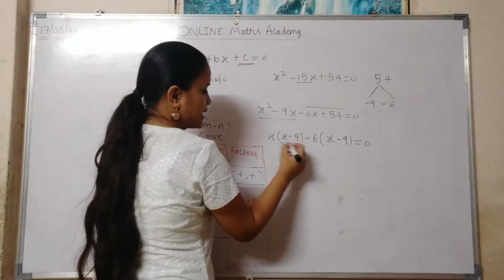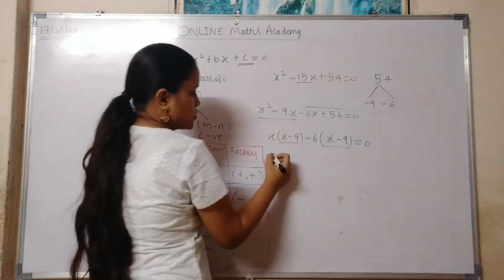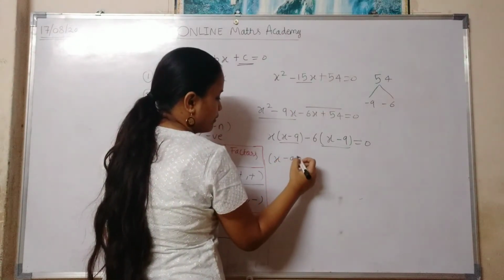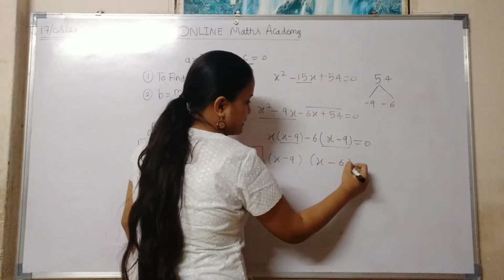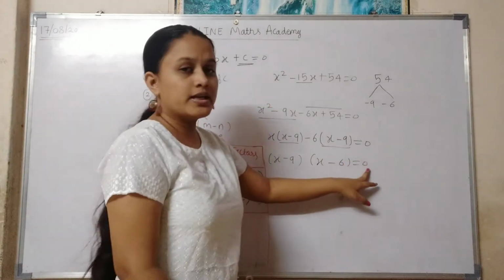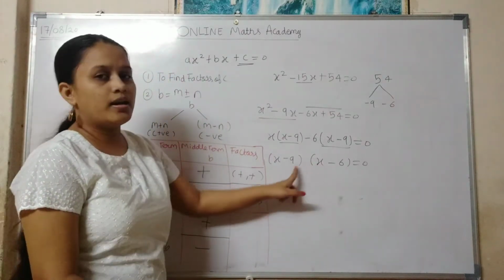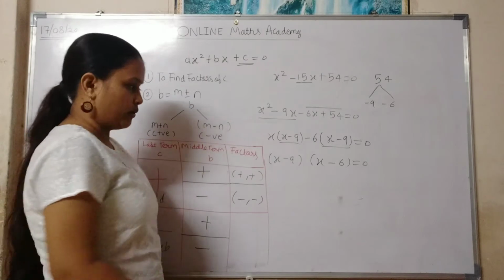Now x minus 9, x minus 9, this entire bracket is common. So if I take it common, क्या बचेगा? x minus 6 equal to 0. Now when two numbers multiplication is 0, that is any one number is equal to 0 or both the numbers are equal to 0.